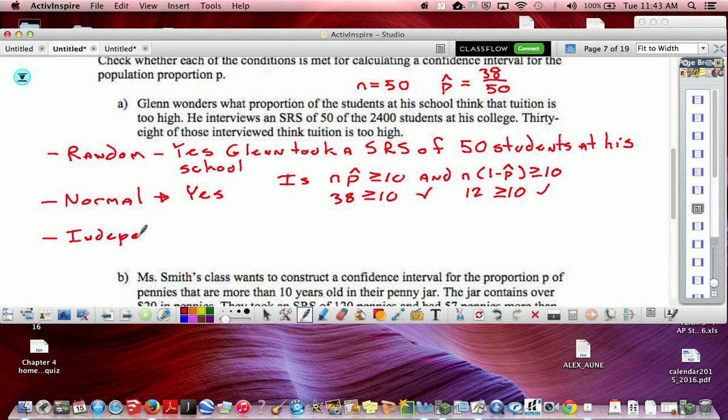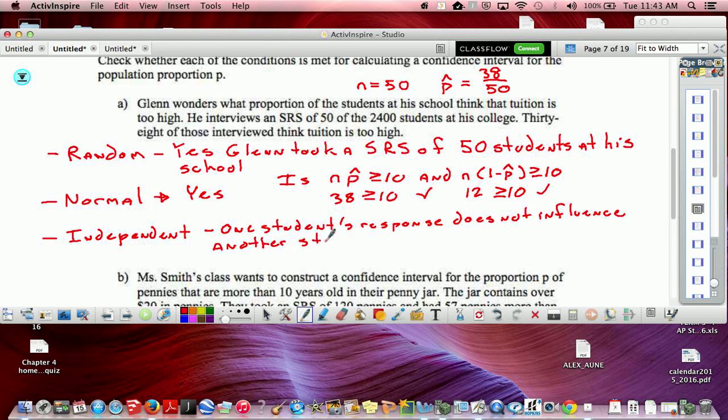Independent. So, one student's response does not influence another student's response, and is the population greater than or equal to 10 times our sample?